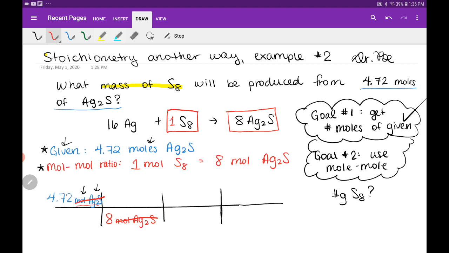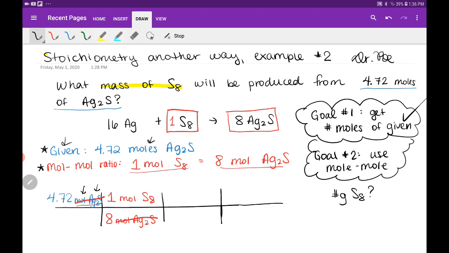Boom. And what goes on the top in our mole ratio? That's going to be 1 mole of S8, right? Because we're just copying it down verbatim. 8 moles of Ag2S went on the bottom, and that equals 1 mole of S8 that goes on the top. So now our units are moles of S8, and we didn't even need to use the molecular weight. Huh, go figure.